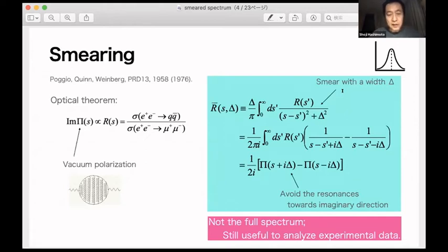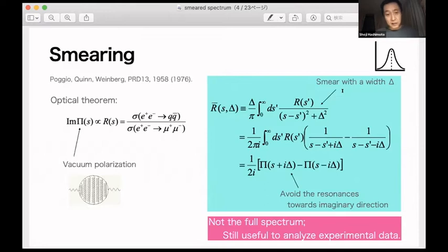So this is still the experimental data transformed in some way, I mean the smearing. It is not as ambitious as trying to analyze the original spectral function, but you can still analyze the experimental data using your theoretical tool.